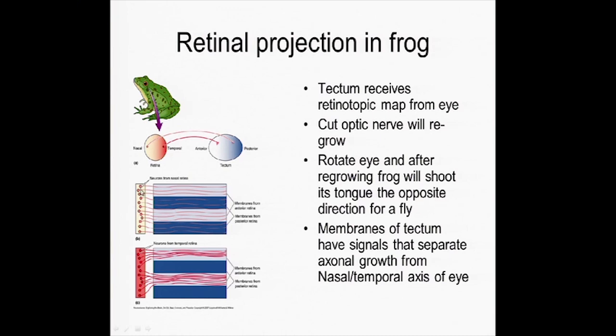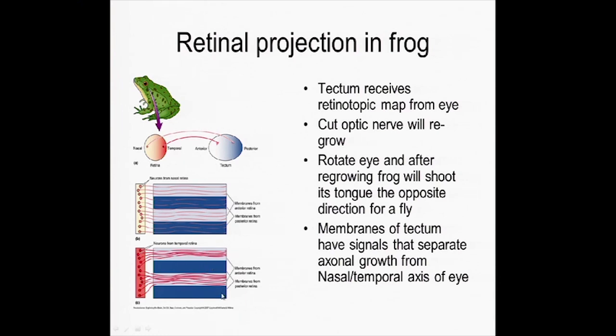Initially, it turns out there are pathways which have all sorts of promotion and suppression of projections. It doesn't really affect the nasal end of it. Those guys will project anywhere in the tectum. But the guys on the temporal side will actually prefer to go along certain paths, and that causes them to project to these different areas. And then through the refinement, that will make these guys project to the other side eventually.